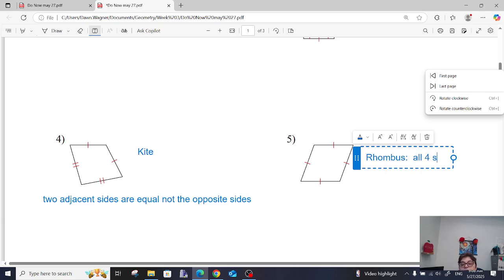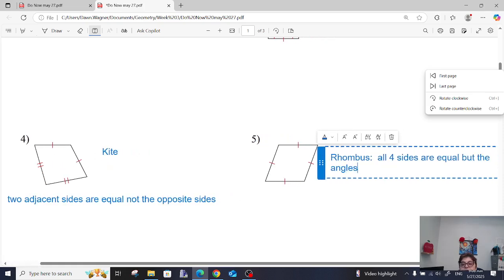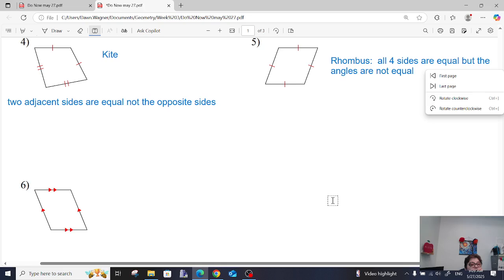All four sides are equal, but the angles are not equal. So the angles are not 90 degrees. That's why it's not a square. The square would have all four equal, right? Four angles and sides. So you would have seen four right angles if it was a square. Any other questions on those?